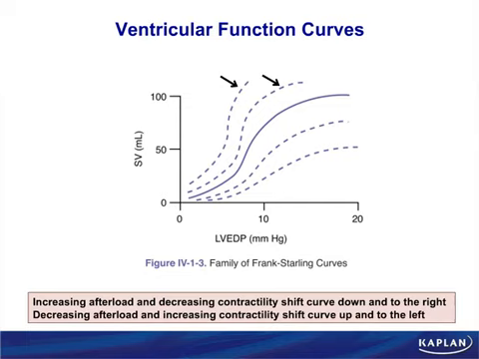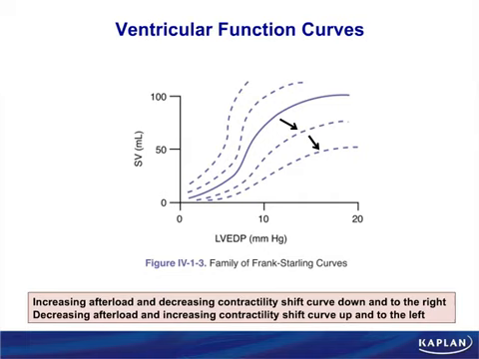If afterload goes up or contractility falls, then the Frank-Starling curve moves down. Each curve is a Frank-Starling curve. They're a family of curves. So if contractility goes down or afterload goes up, then this Frank-Starling curve gets pushed down as illustrated by the arrows. It's a family of curves.